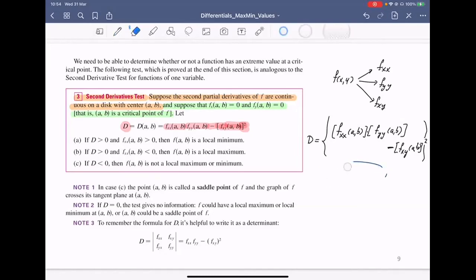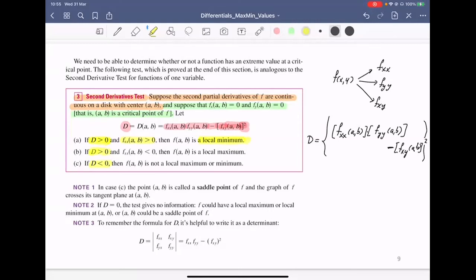Once you get your D here, the theorem says that you can compare D with the number 0. Is the number D greater than 0? If D is greater than 0 and your fxx is greater than 0 as well, two things, you're going to get a local minimum.